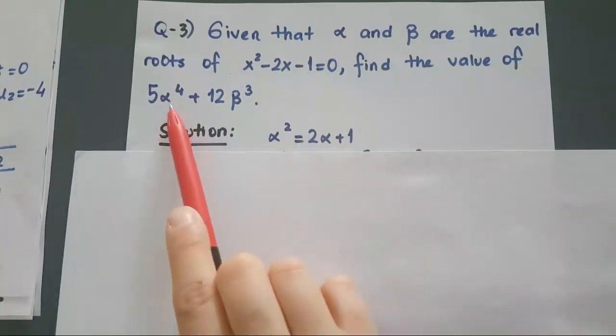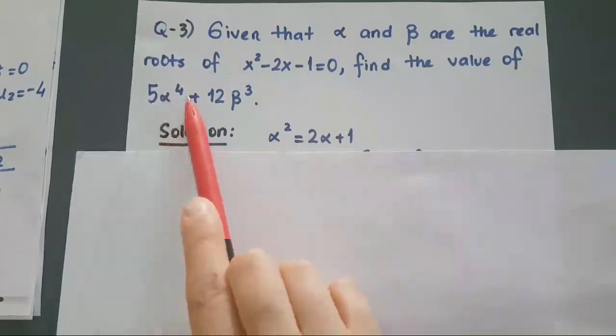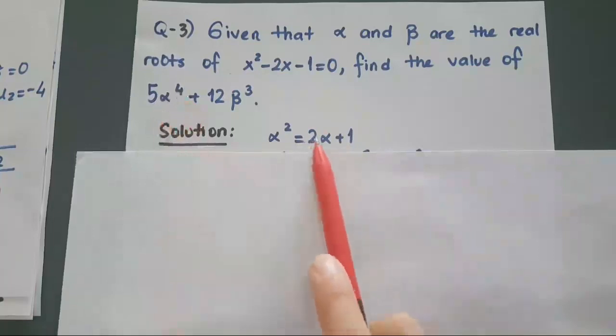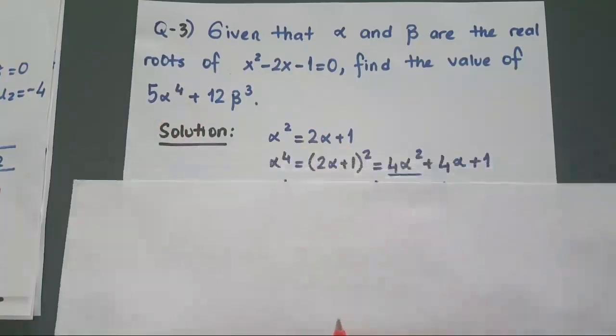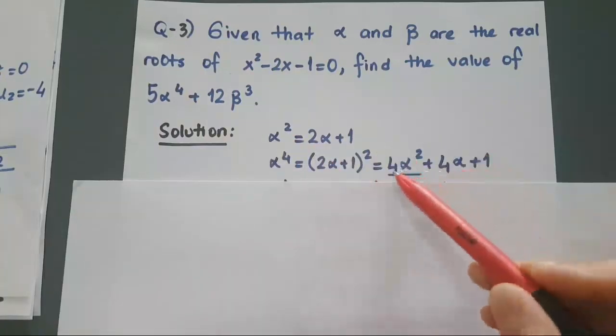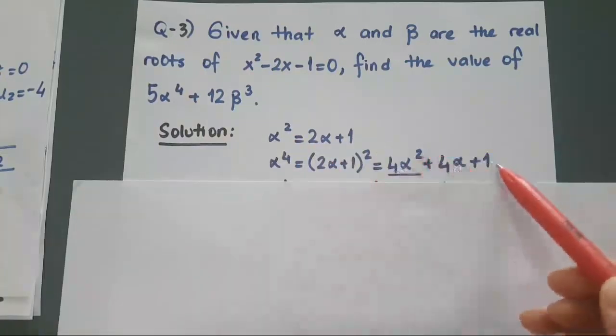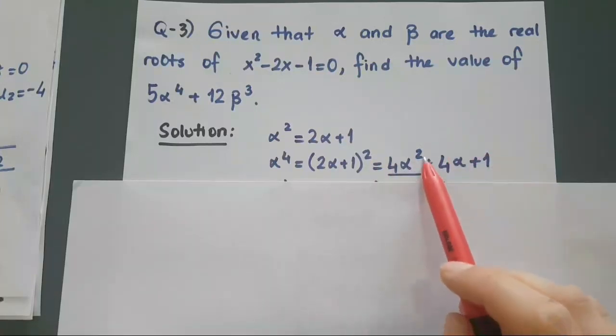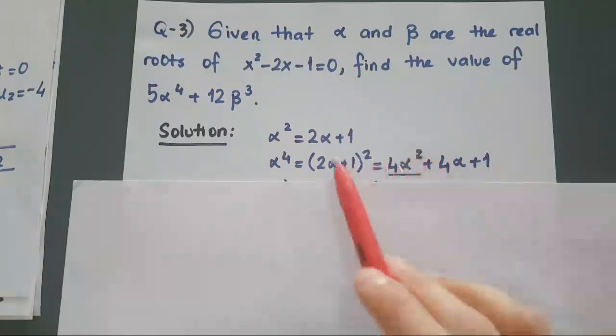And what are we asked in the expression? Alpha to the power of 4. So can I square this? Why not? So alpha to the power of 4 will be 2 alpha plus 1 squared, which is 4 alpha squared plus 4 alpha plus 1.